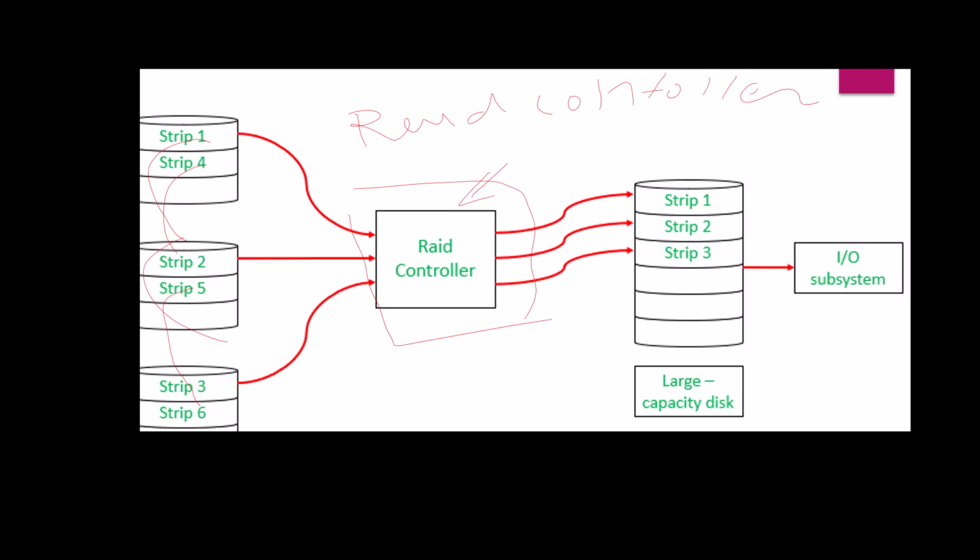Here the RAID controller manages all the disks and provides their output as strip 1, strip 2, strip 3, and a large capacity disk. And then the IO comes into the picture, that is the input and output operations.